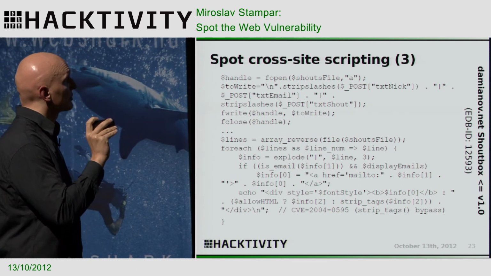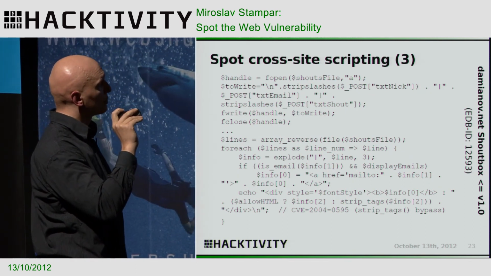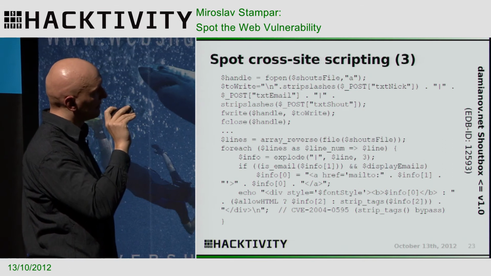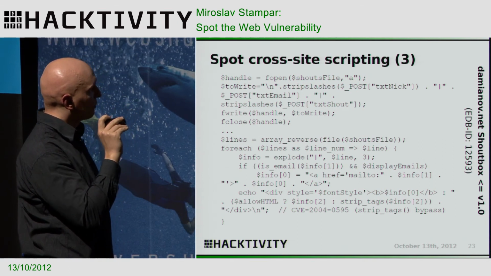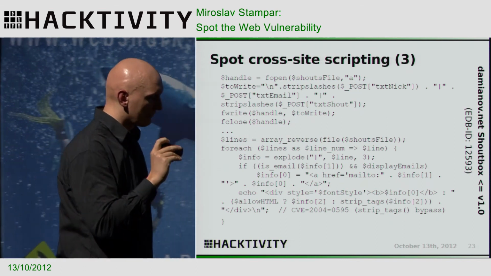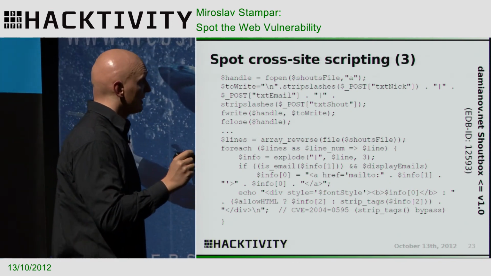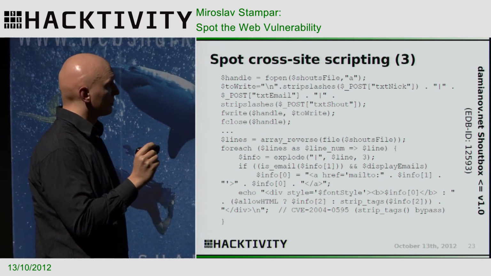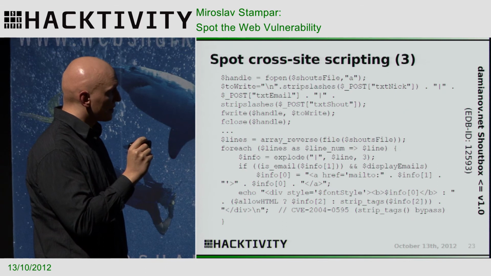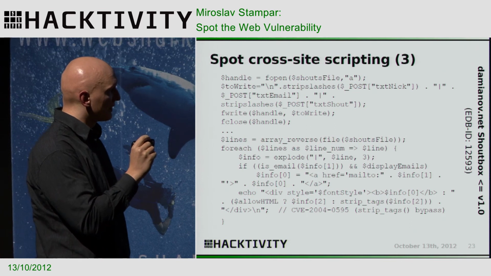And the problem, especially at the time when the Shoutbox exploit was found, was that strip tags was vulnerable to one form of attack. So what does strip tags do? It just removes all possible tags from the content to prevent any script injection or stuff like that.